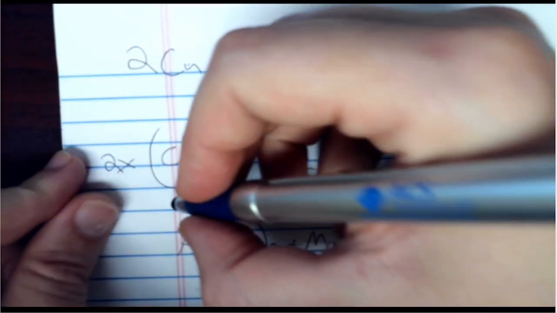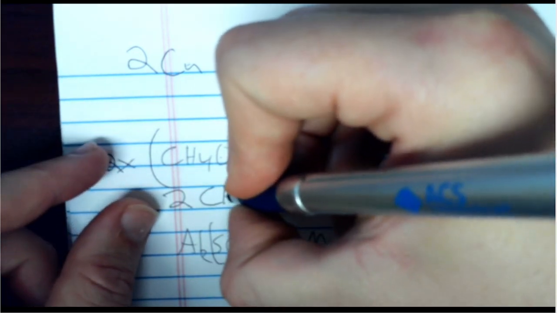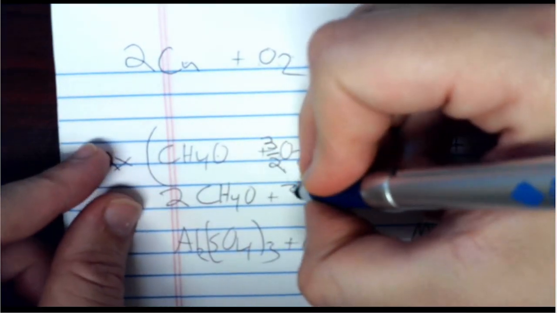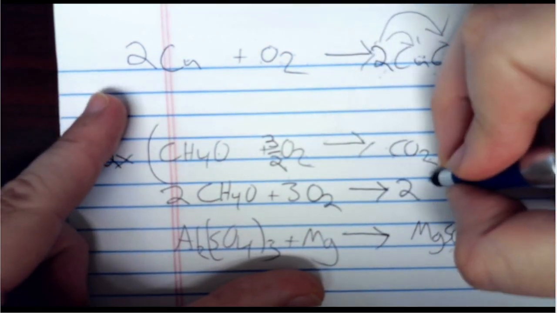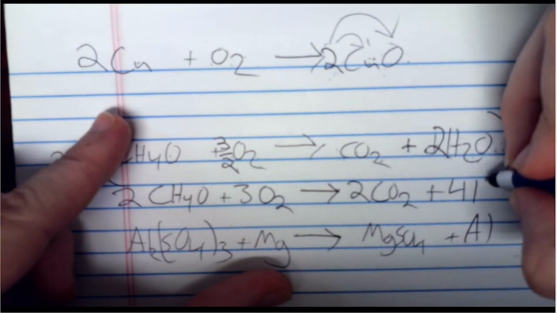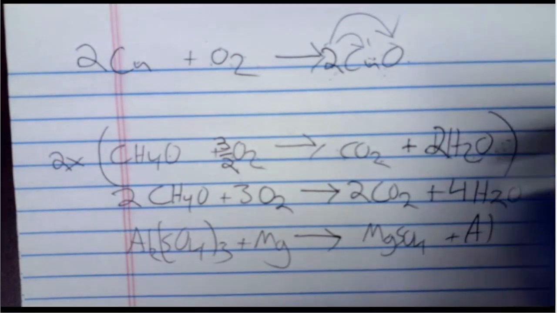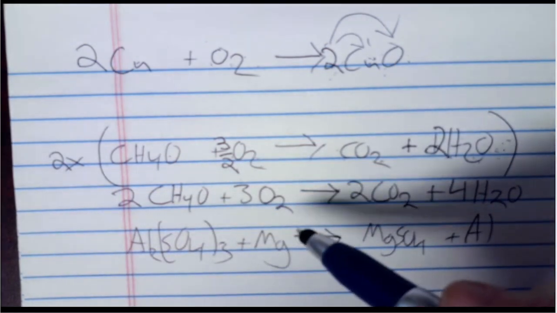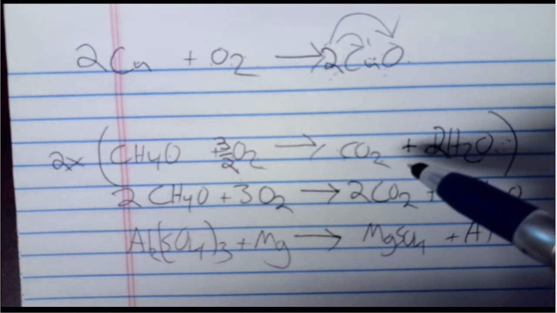So when I do that, it gets 2 CH4O, which is methanol. 3 oxygens goes to 2 carbon dioxides and 4 waters. Now it is balanced and there is no fractions.